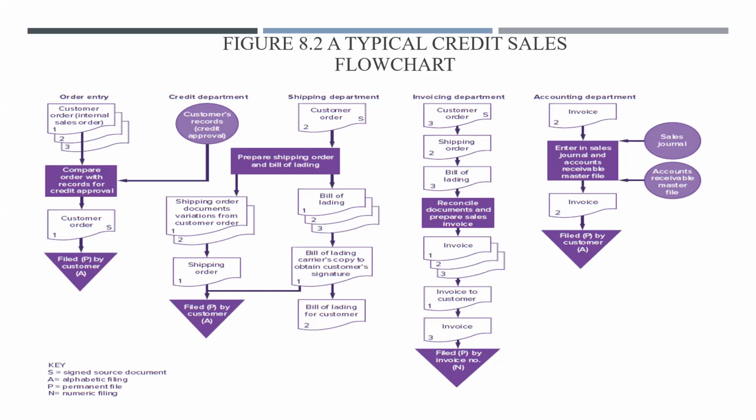Yeah. In the accounting department, what are the key documents? I guess all the other documents that have been generated so far: the invoice, the shipping document, the customer order. Yeah. And after that, in the accounting department, the journals and the books are very important, right?